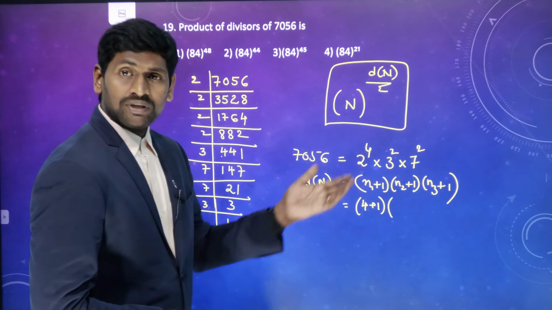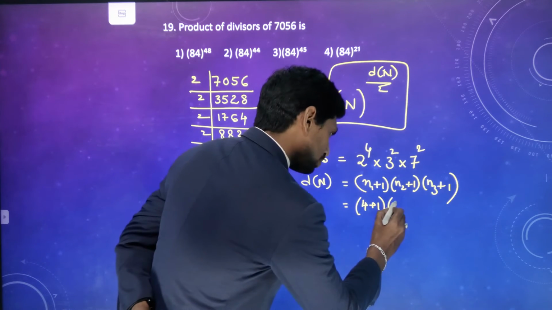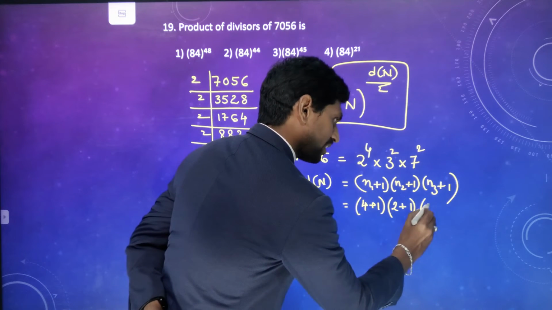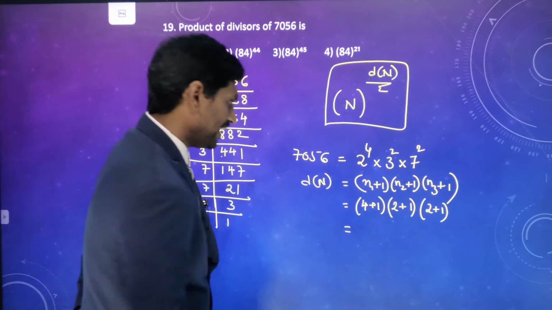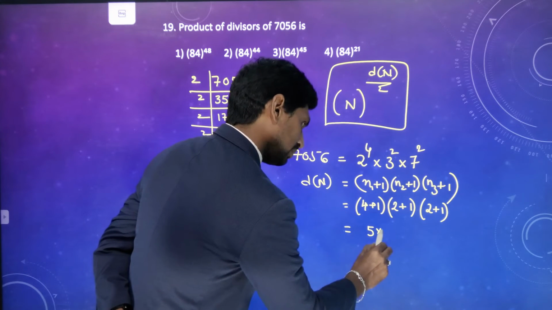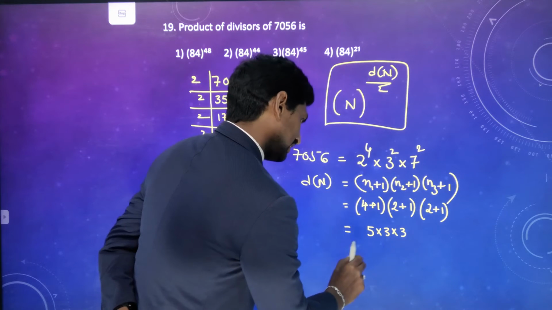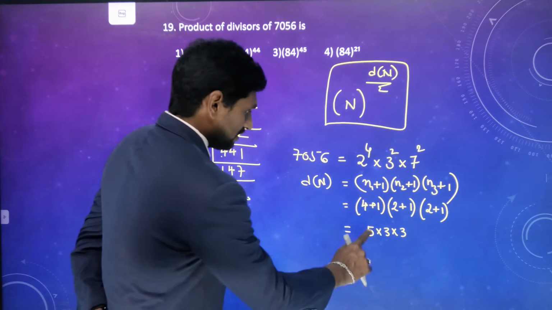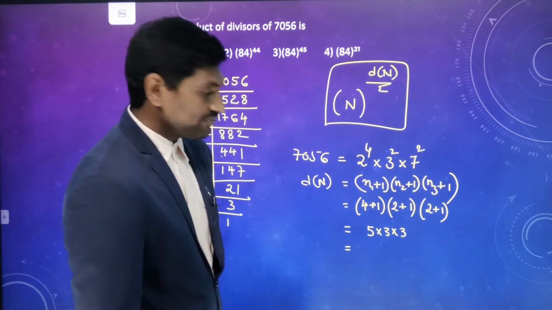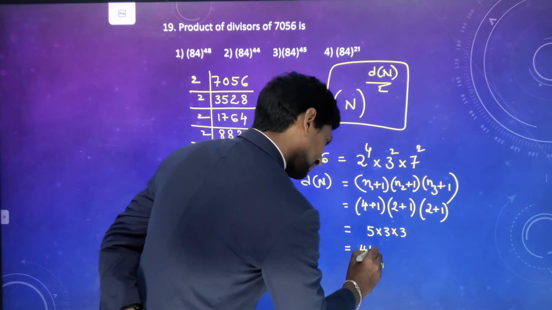Now second prime number is 3, its exponent is 2, 2 plus 1, and last one also 2 plus 1. So 4 plus 1, 5 into 3 into 3. How much? 5 3s are 15, 15 3s are 45.